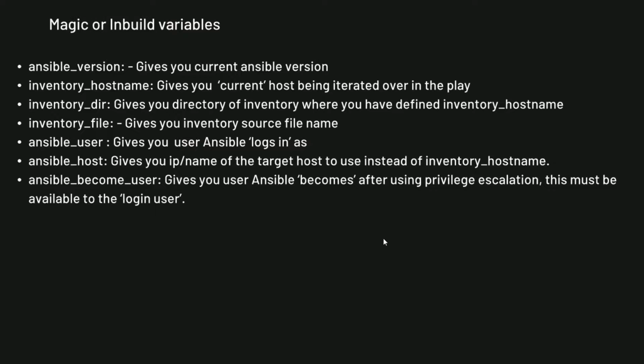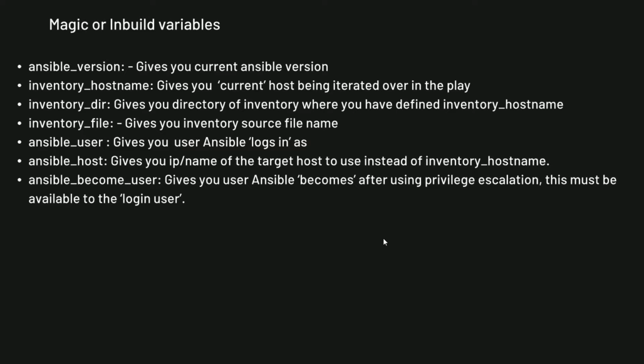The first variable here is ansible_version. As the name suggests, it gives you the current version of Ansible. inventory_hostname, as the name suggests, will print the current host being iterated in the playbook. Remember, we used this in our previous slide while printing what packages are installed on each and every node.